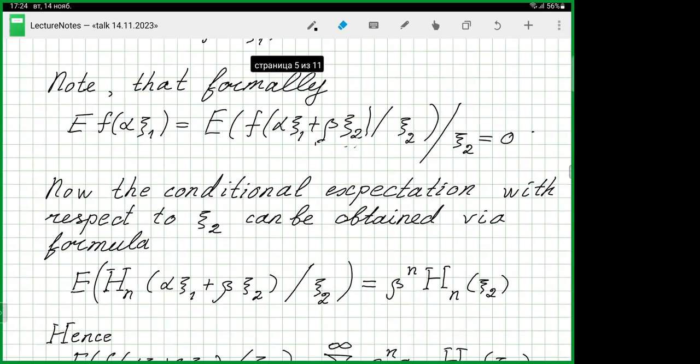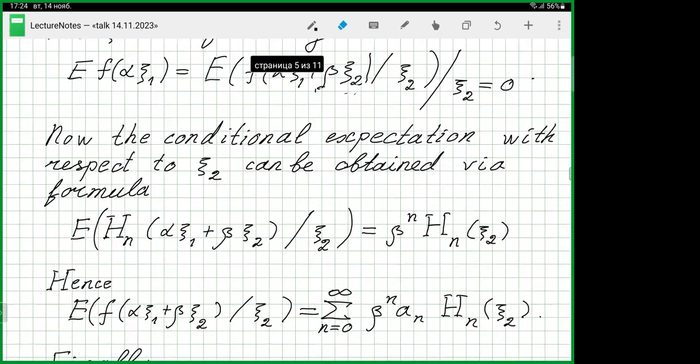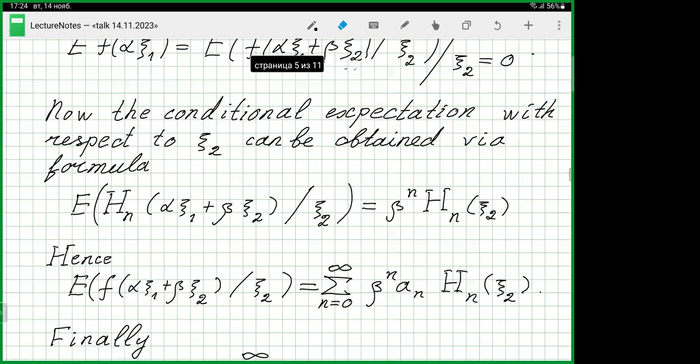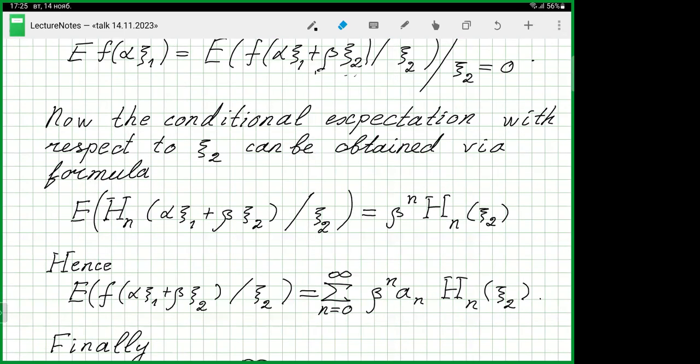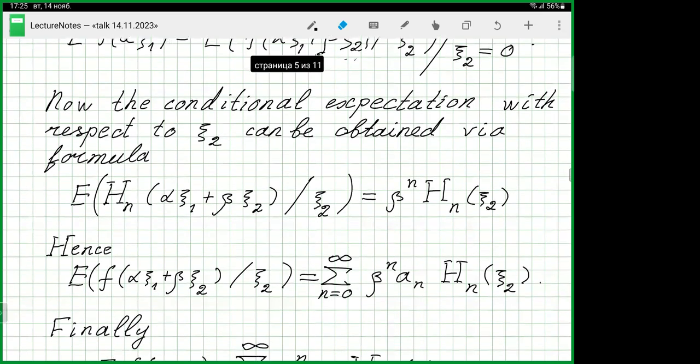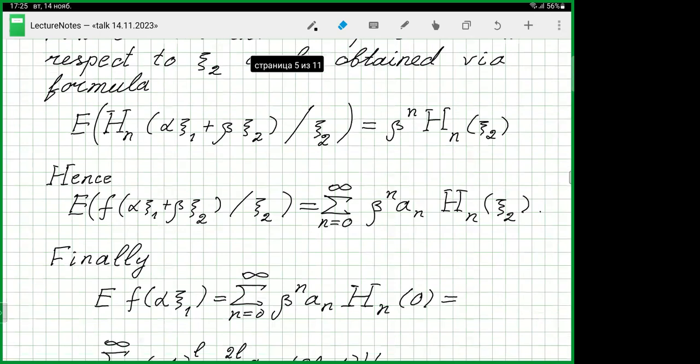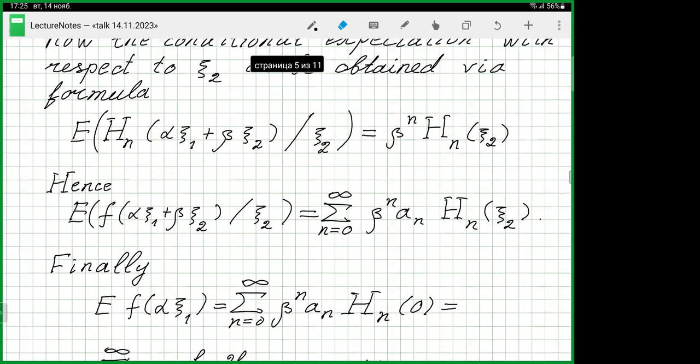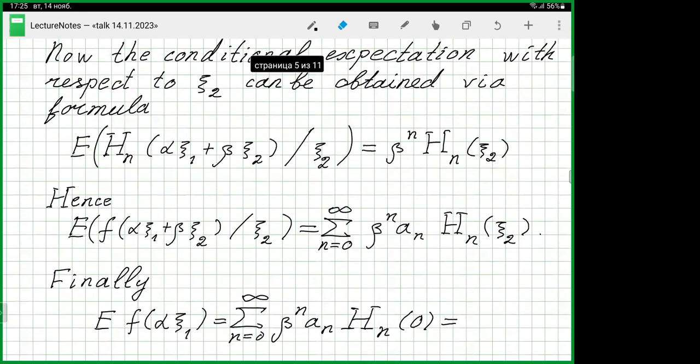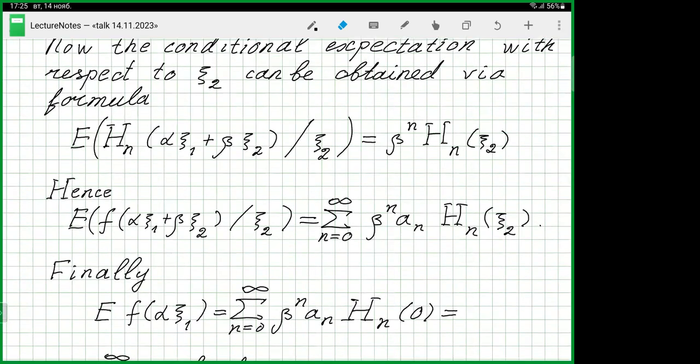Hence, one can say that our expectation is equal to the sum from n equals 0 to infinity of beta^n a_n h_n of xi2, and finally we have the answer in terms of the coefficients of expansion of the function f onto the series of Hermite polynomials. This is the answer: beta to the power n, a_n and h_n of 0.